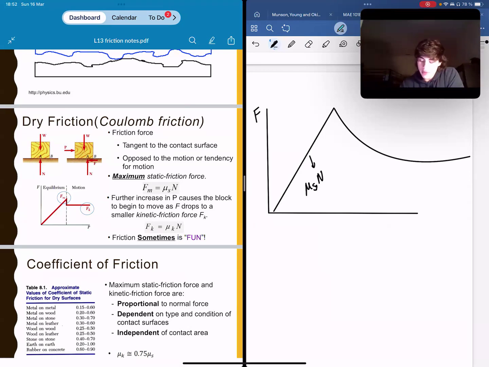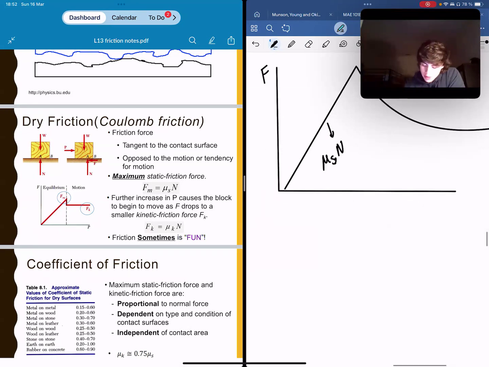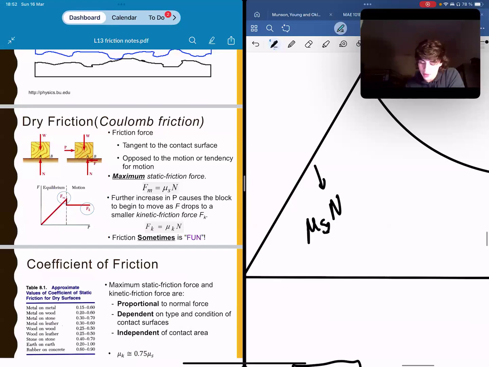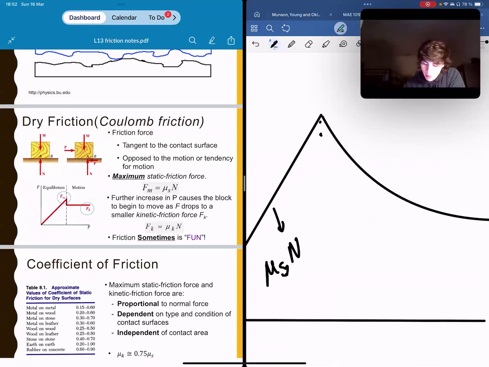Because as we see, if I imagine this is a surface and I have a block and I'm pushing the block, at the beginning there is more resistance, right? Just from real life examples. You push and you keep pushing and you apply more force, and there will be an impending motion, with the friction force governed by the static friction coefficient right there.